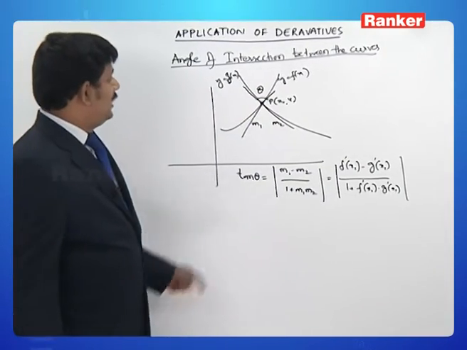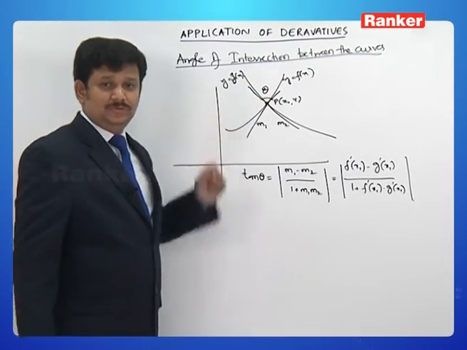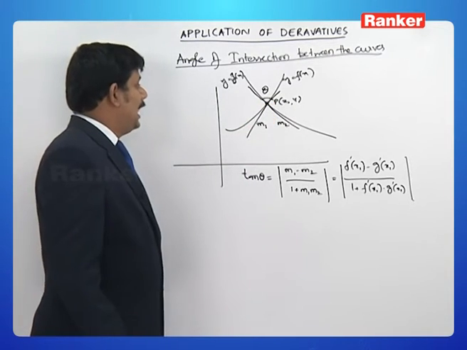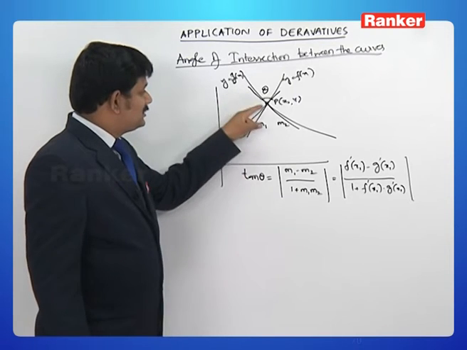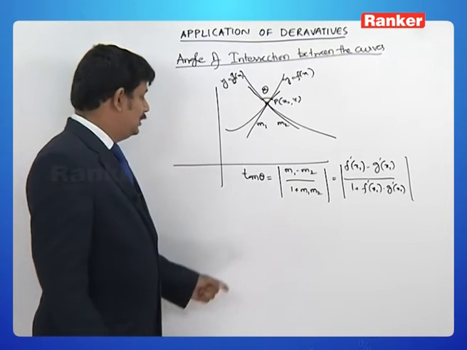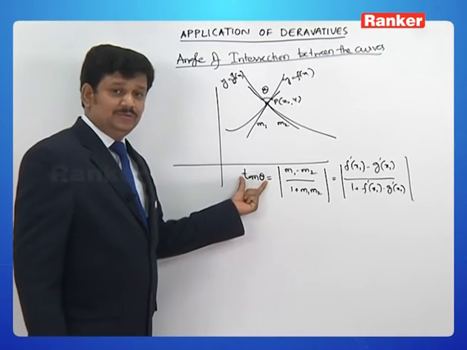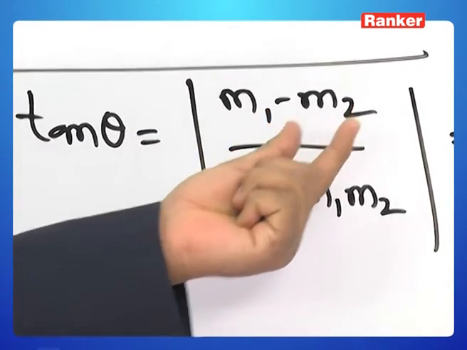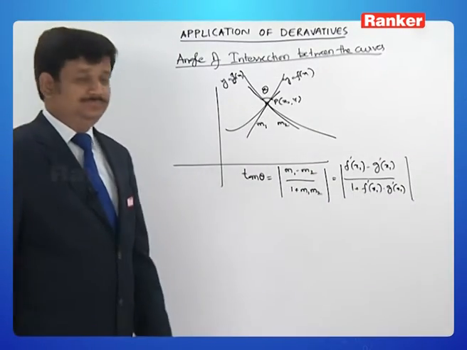So, to find angle between two curves, first we need to find the point of intersection, and then at the point of intersection we need to find slopes of the tangents to both the curves, and the acute angle between the curves is given by modulus of m1 minus m2 by 1 plus m1 m2.